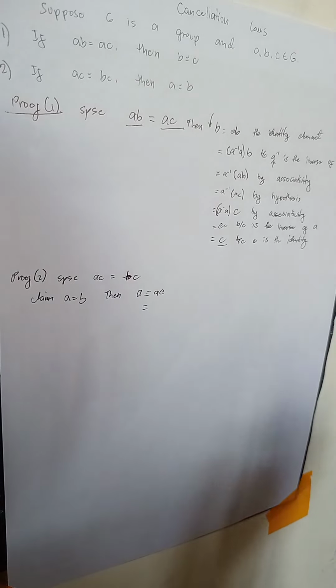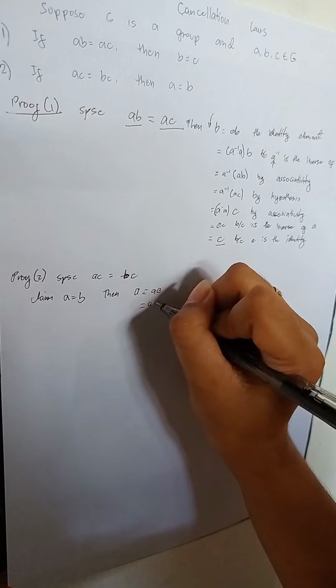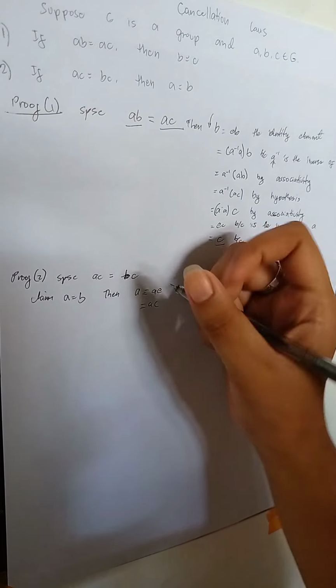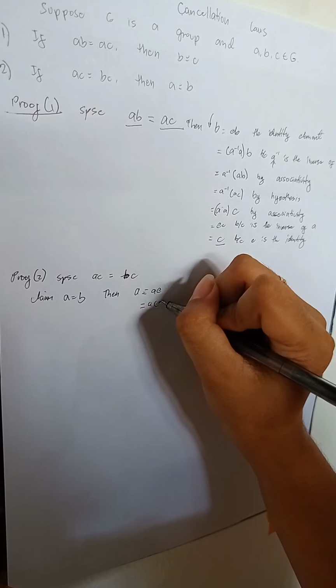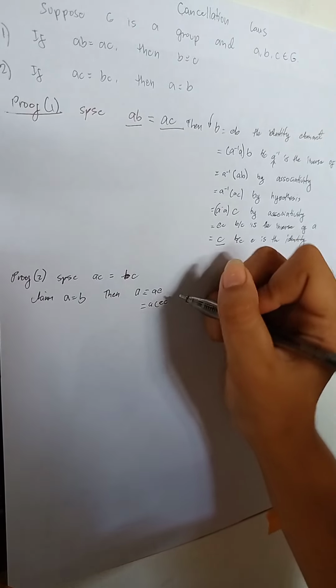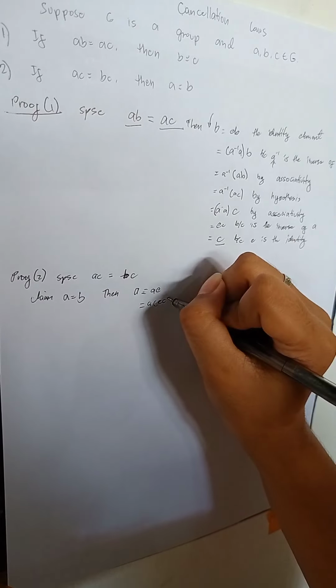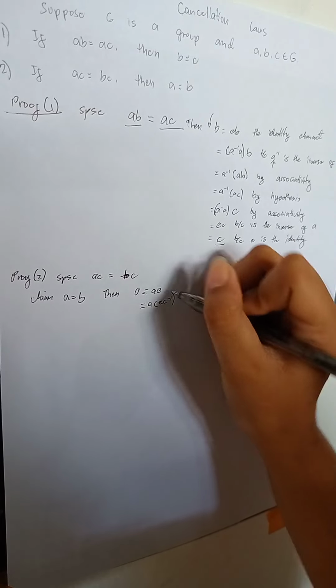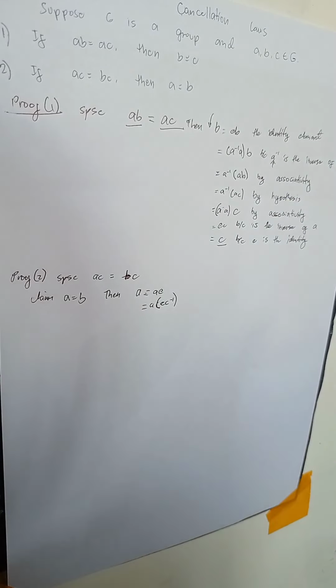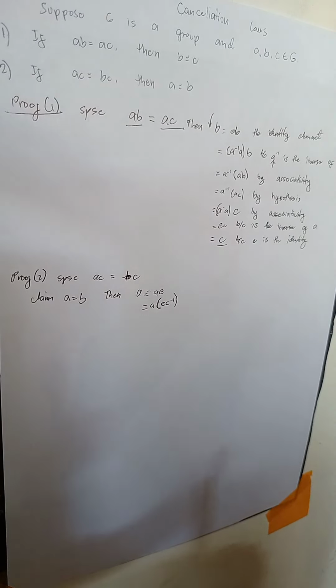Then we can put in C times C inverse, and we can do this because C inverse is the inverse of C.